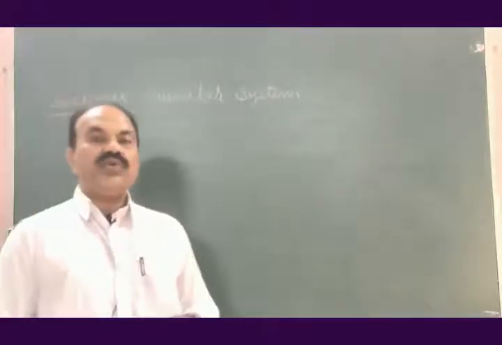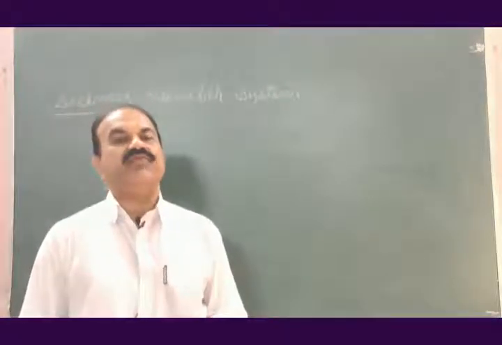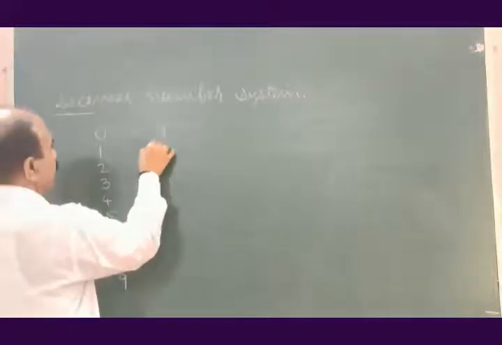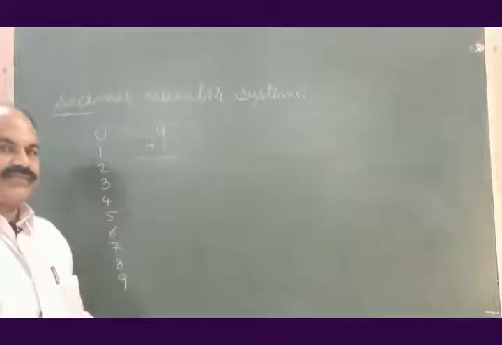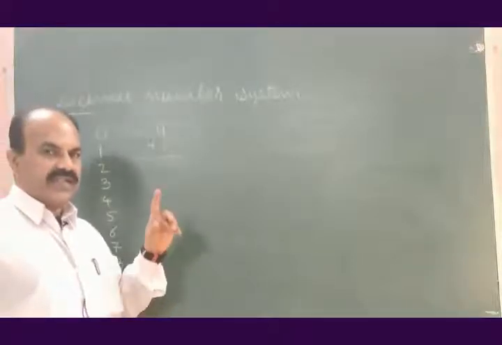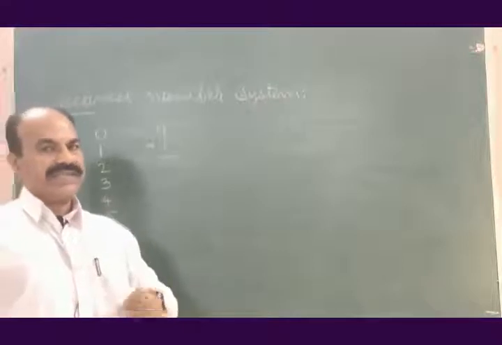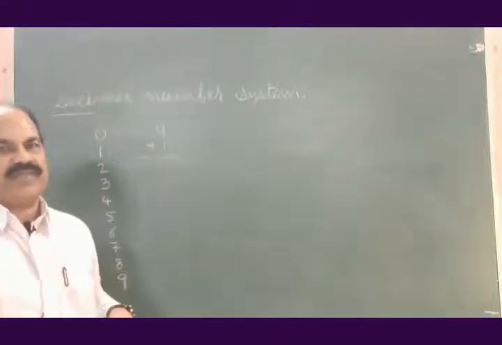If I want to count 10 and write it in decimal number system, what I have to do? I have to add 1 in 9. I wanted to count 10 and write this in decimal number system.